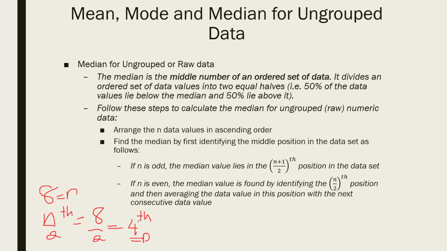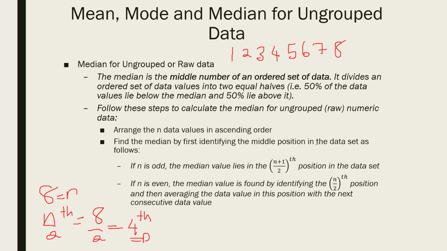Because there's another step that you need to do. So when you get this position, what you do is average the data value in this position, meaning the fourth position, with the next consecutive data position. So what it means is we've got first position, second position, third position, fourth position, fifth position, sixth position, seventh position, eighth position.